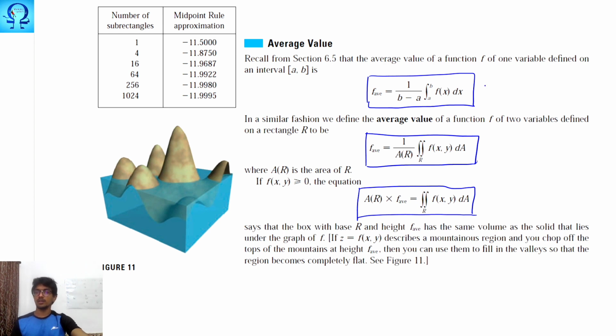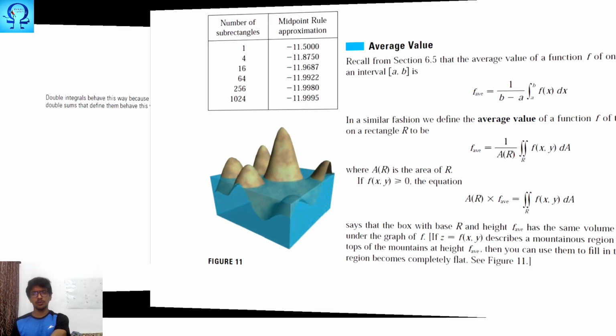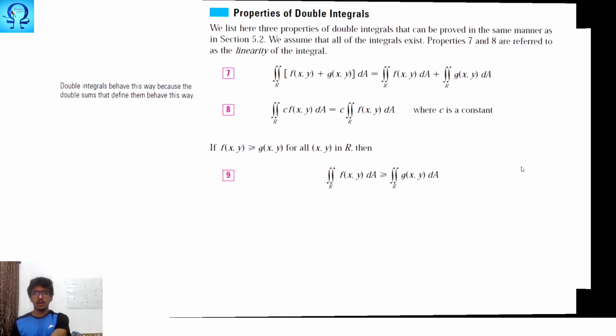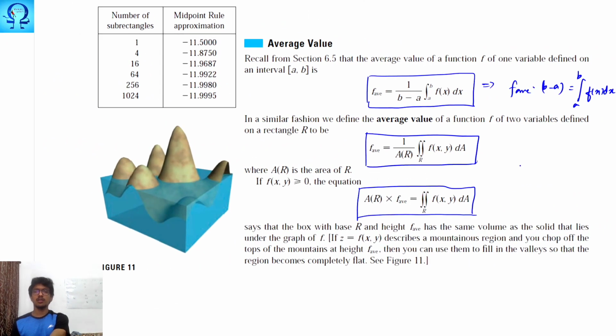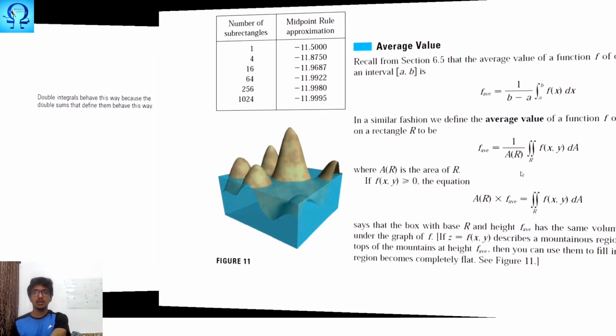Here also, if the function f is positive valued, then we may write f average multiplied by the length of the interval is going to be the integral value. So this is there in Riemann integration. The same idea we have extended to functions of two variables, right? And with this idea, whenever you are given some function and asked to find the average value, you can do that, since you know how to integrate these things, right?